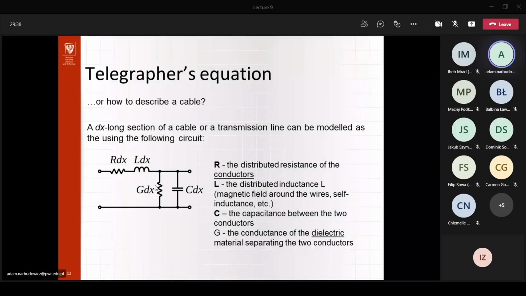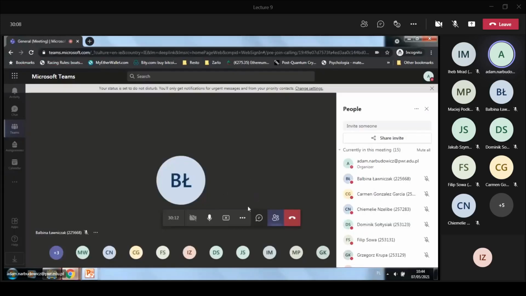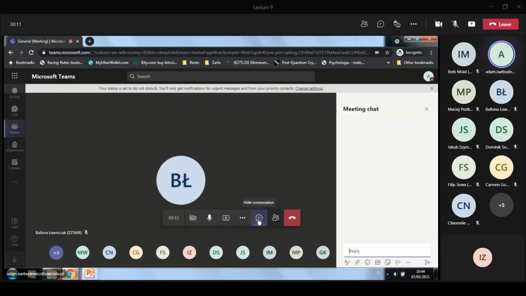We get four different options. So do you think for a lossless cable we should have a resistance R? Does it stay or does it go? Anybody? Or is it clear what I'm trying to say here?